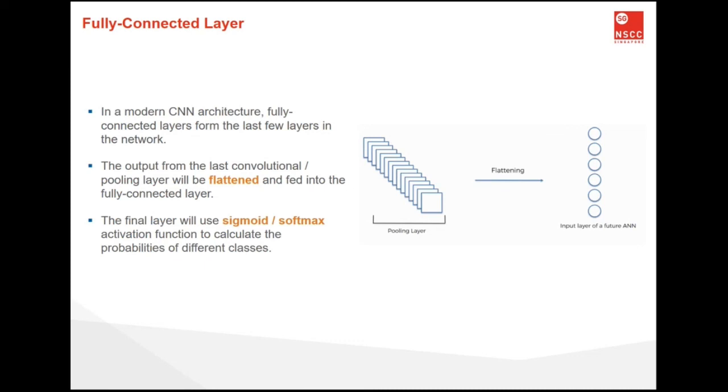After passing through the fully connected layers, the final layer uses either a sigmoid or softmax activation function, which is used to get the probabilities of the input being in a particular class. And so finally, we have the probabilities of the object in the image belonging to a particular class.